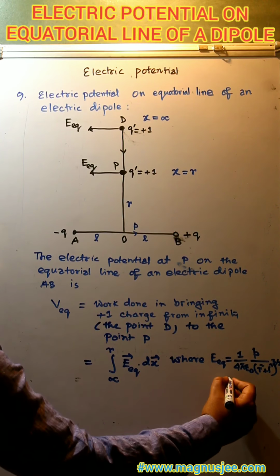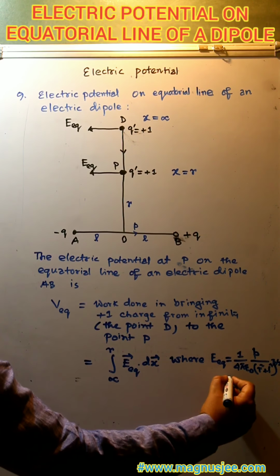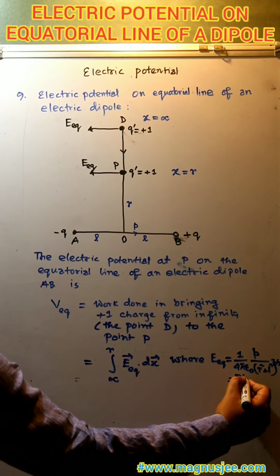This is the field intensity on the equatorial line.